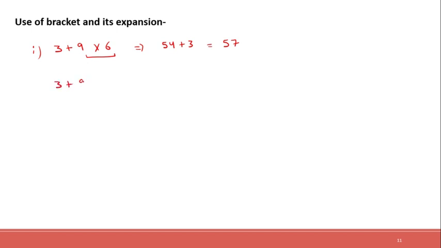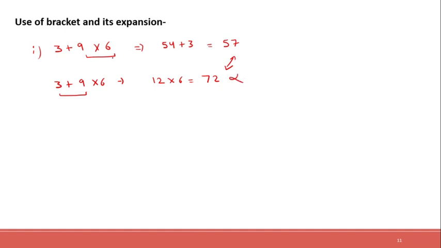Or some people may solve it like this: 3 plus 9, 12 into 6. That means 72. Two different answers from a single question. How is it possible? Actually, this is wrong.